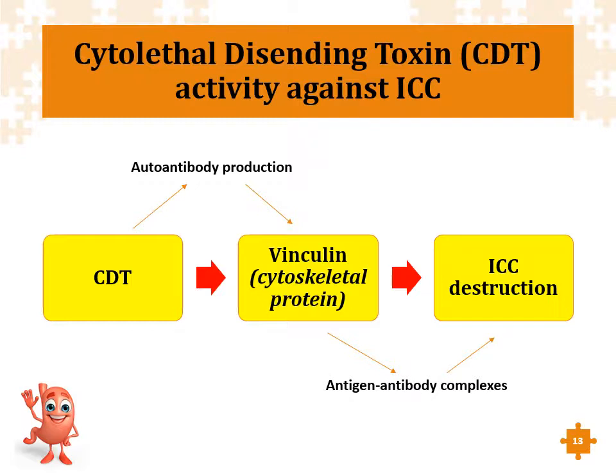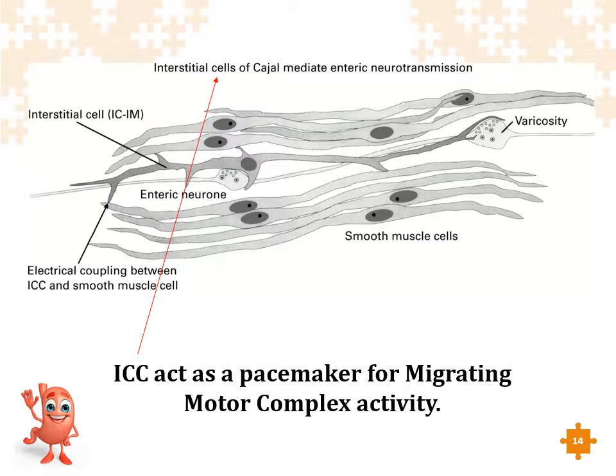This triggers an immune response within the body that then attacks the skeletal proteins within the digestive system, and it inhibits or destroys something called ICC. ICC stands for interstitial cells of Cajal. These mediate the enteric, or digestive system, nervous system activity. This is what creates that pacemaker effect of the migrating motor complexes.